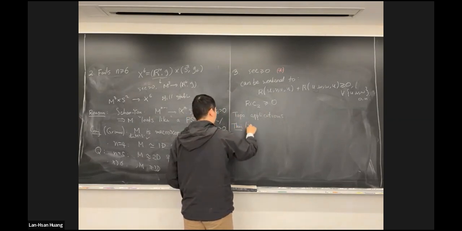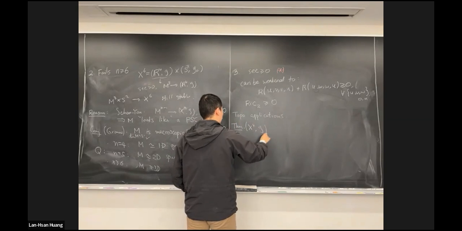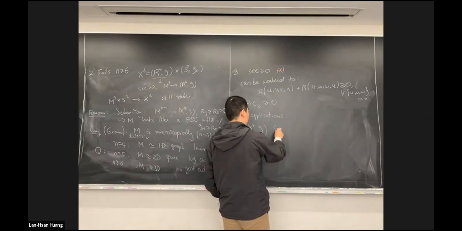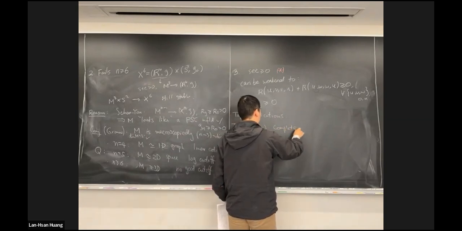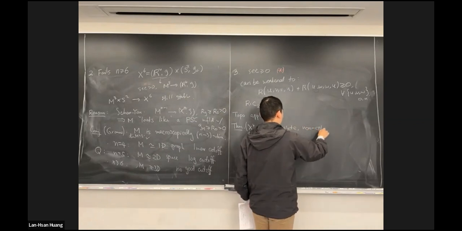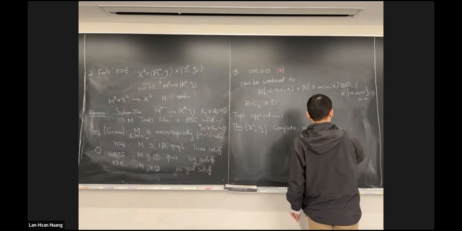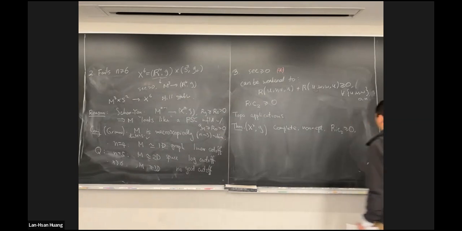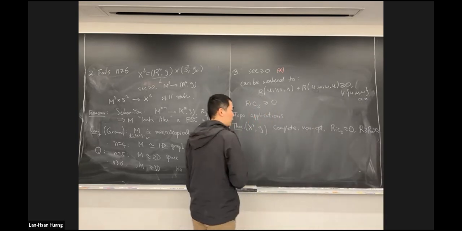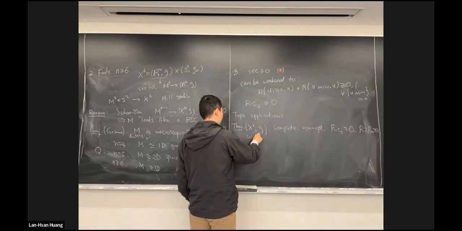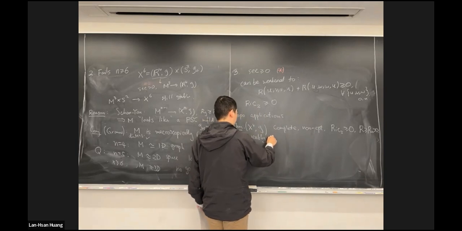Suppose you have a complete, non-compact X4, and you assume Ricci 2 is non-negative, scalar curvature is strictly bounded below by a positive constant, and weakly bounded geometry. We need every condition.